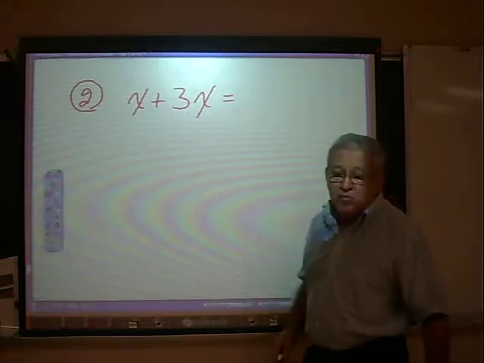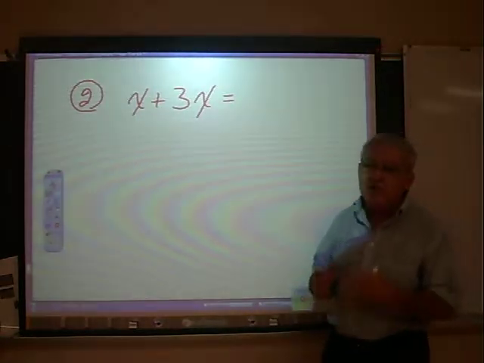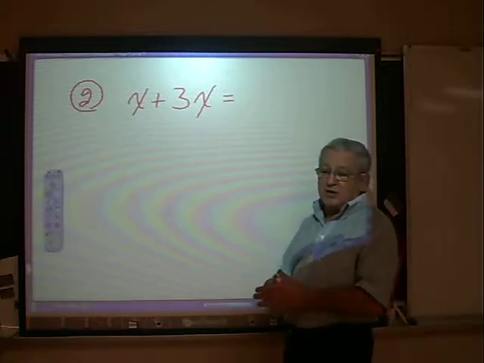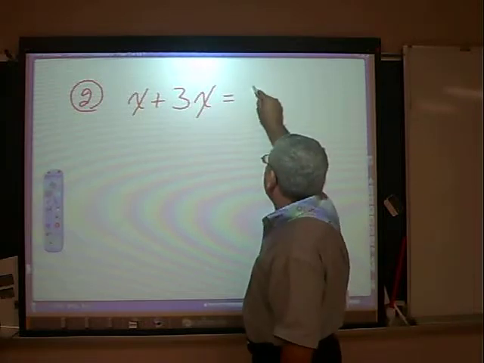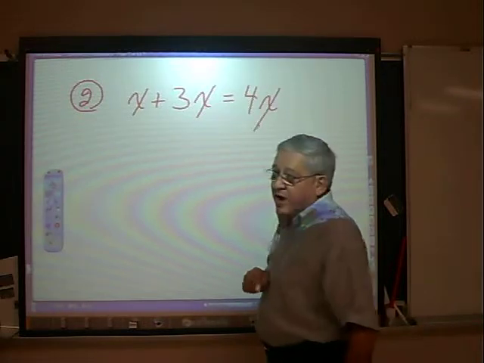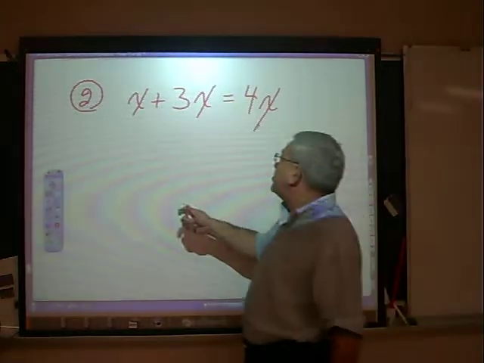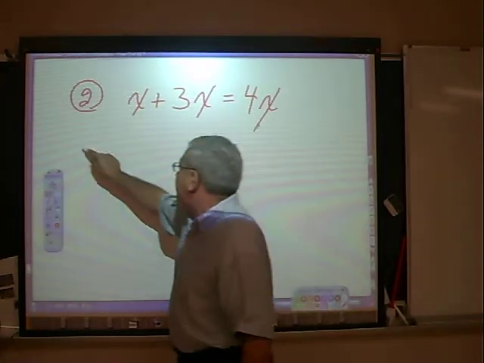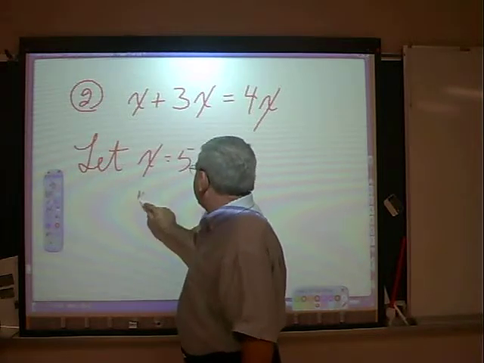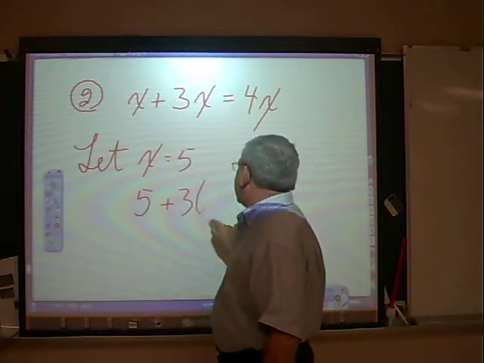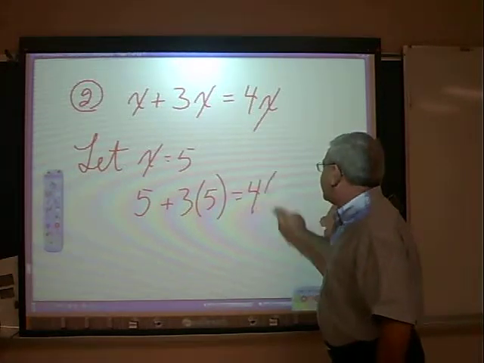Now, let's try another example. Here's another addition example using variables. It's best to think about this, I think, using objects. So if x again stood for an apple, plus 3 apples is 4 apples. So we think about it using objects. Then we prove it using numbers. So again, if x is 5, we have 5 plus 3 times 5 equals 4 times 5.